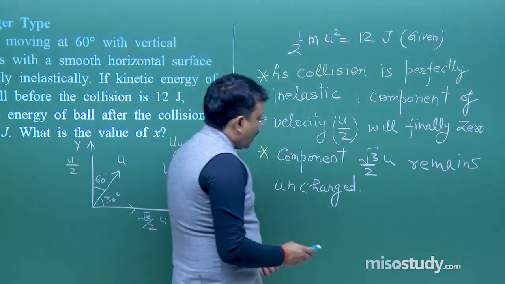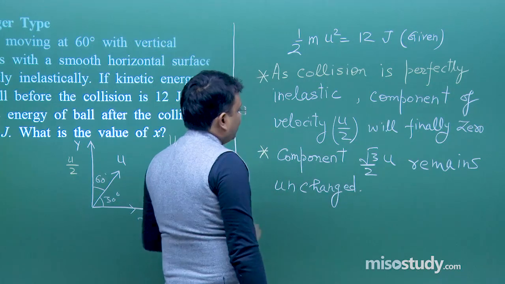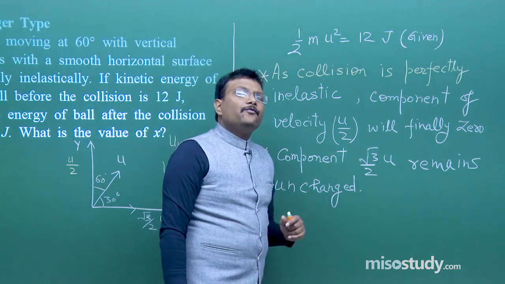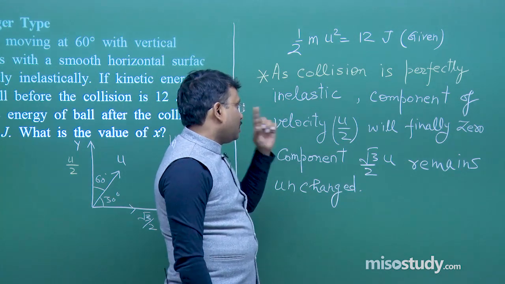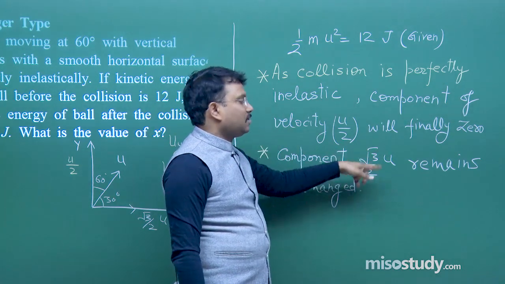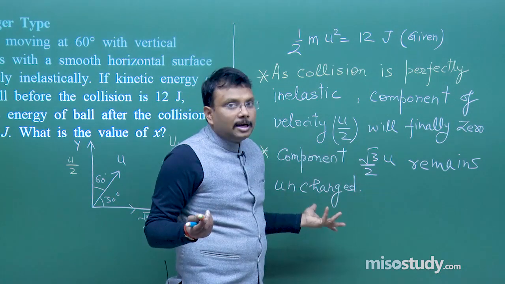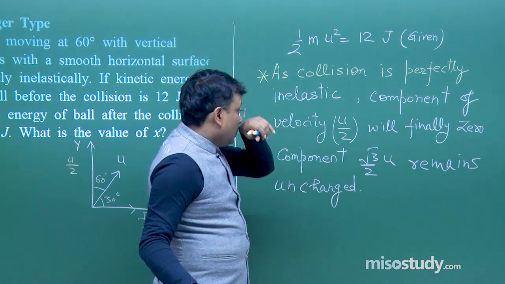Fine. Now, after this if I want to find the kinetic energy, then which velocity should I use? You may simply say, sir, you do not have any option, you have to use this velocity because finally it is 0, fine.